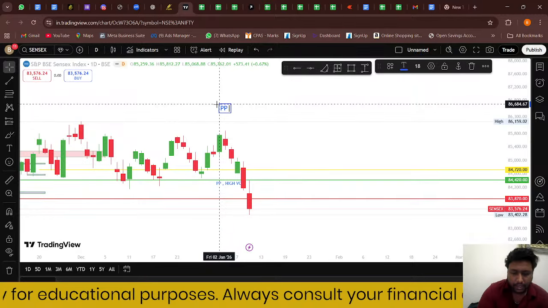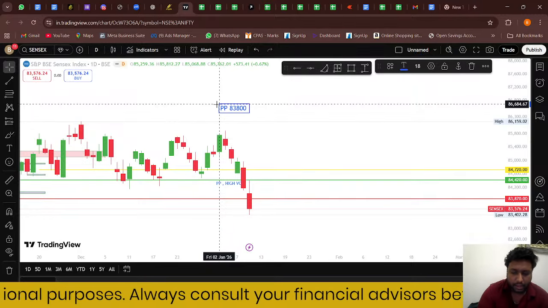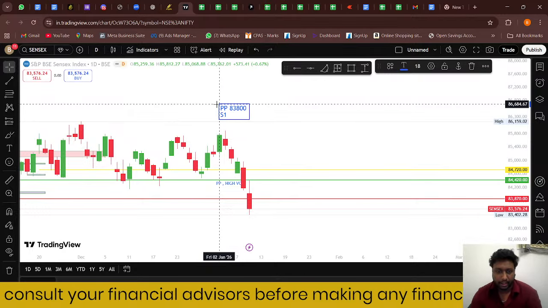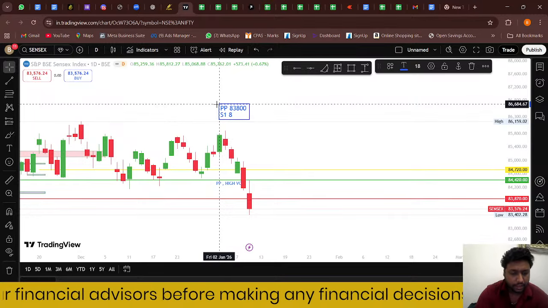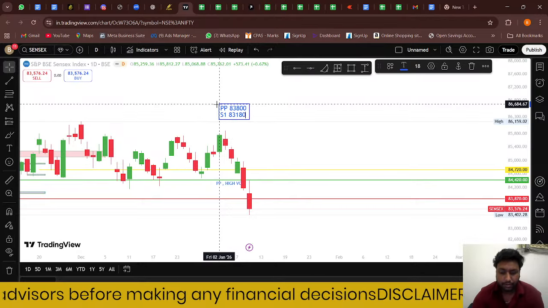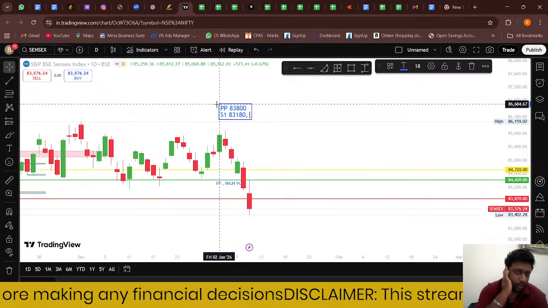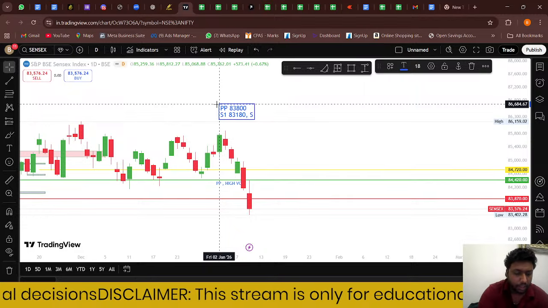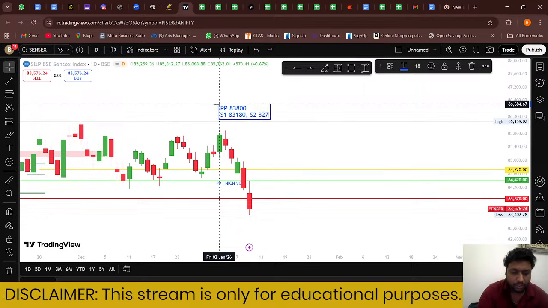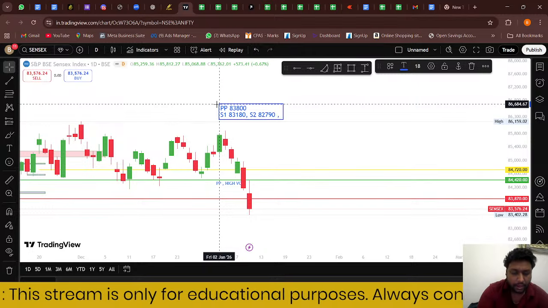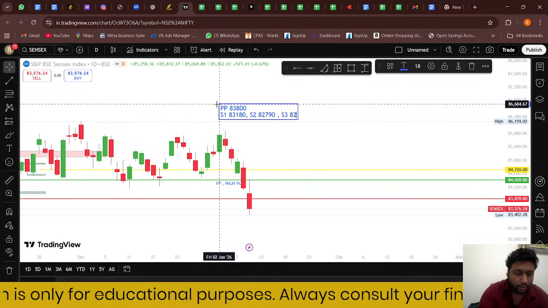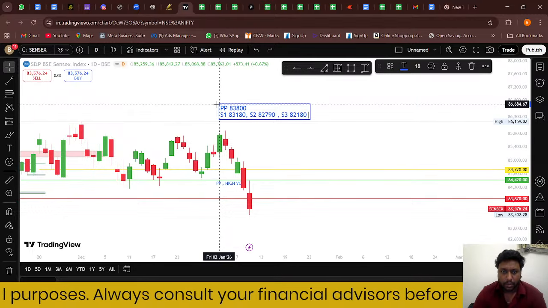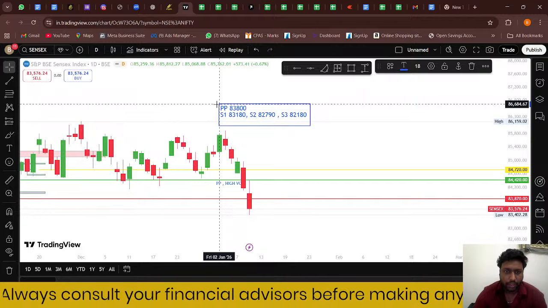With respect to that, support one lies at 83,180. It is a bigger, broader range. Support 2 is at 82,790, and support 3 is at 82,180. So these are the support levels for today's Sensex market.